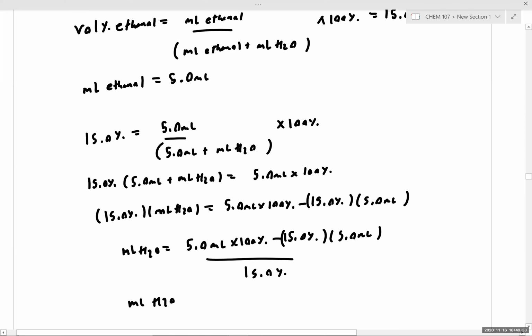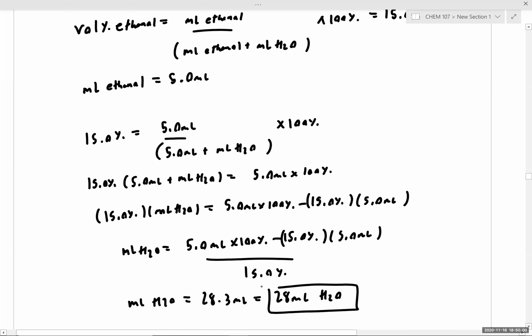So if we punch this into our calculator, we have 5 times 100 minus 15 times 5, over 15, and that gives us a volume of water of 28.3 milliliters that we round to 28 milliliters of water.